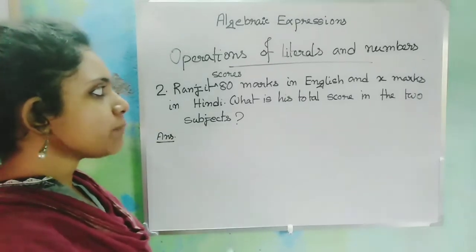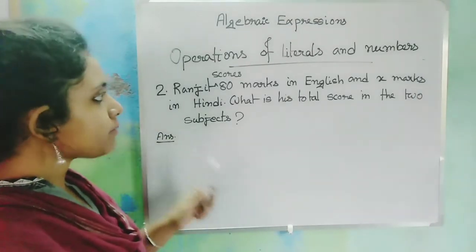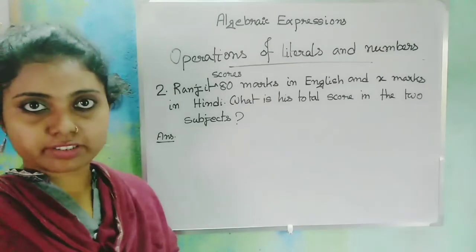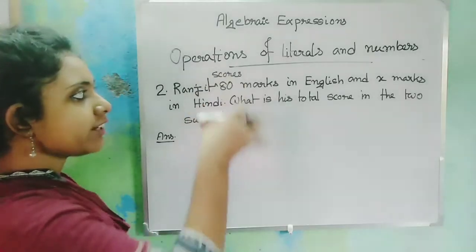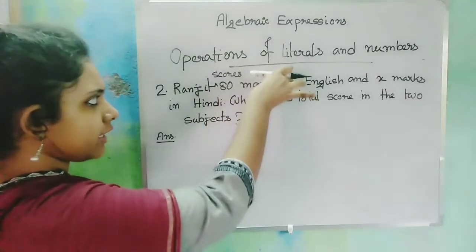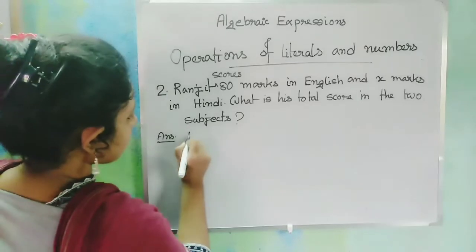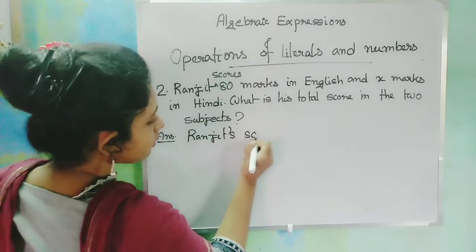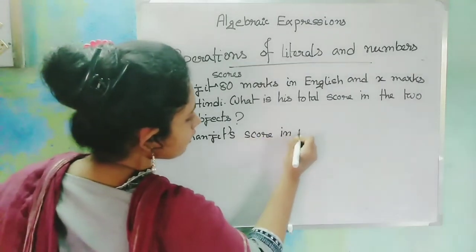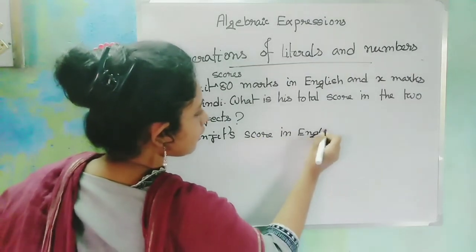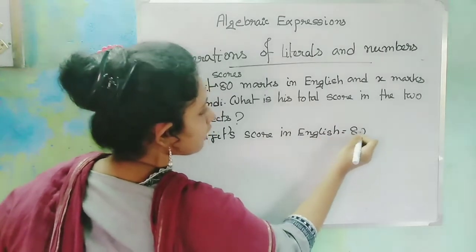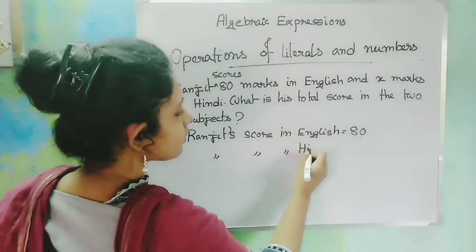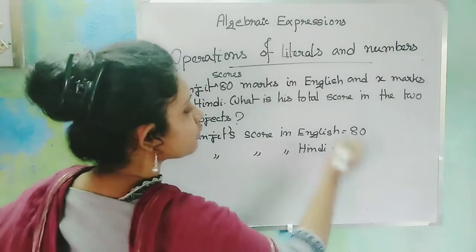Ranjit scores 80 marks in English and x marks in Hindi. What is his total score in the two subjects? At first we have to write the given expression. Ranjit's score in English equal to 80 and Ranjit's score in Hindi equal to x.